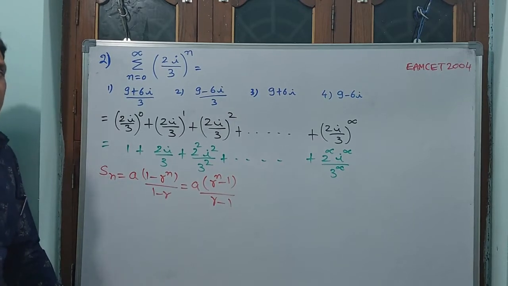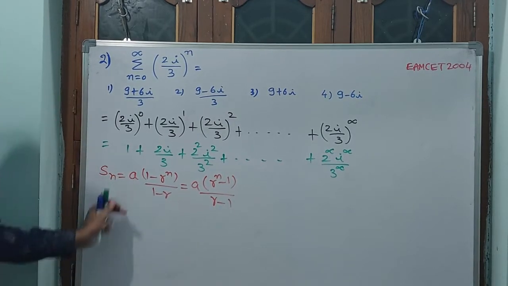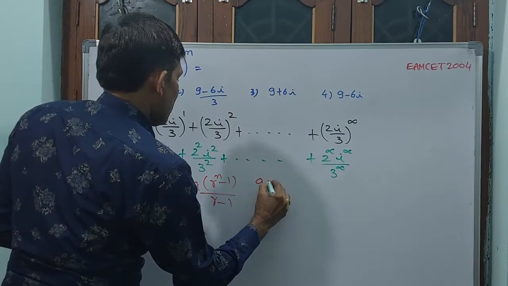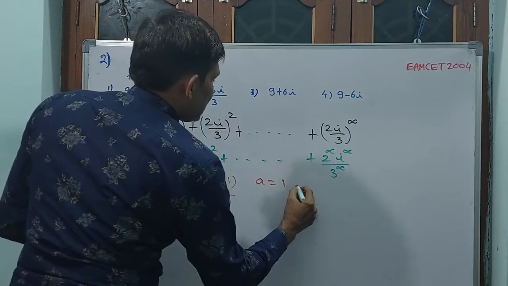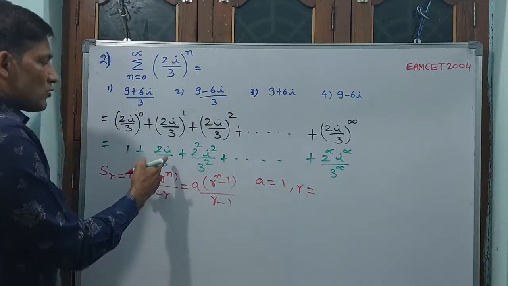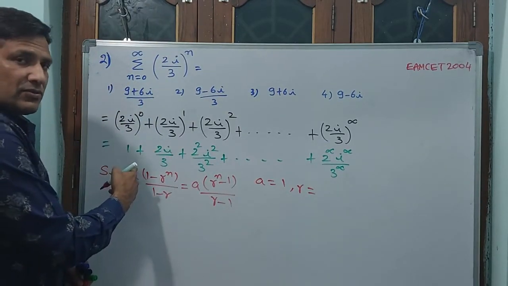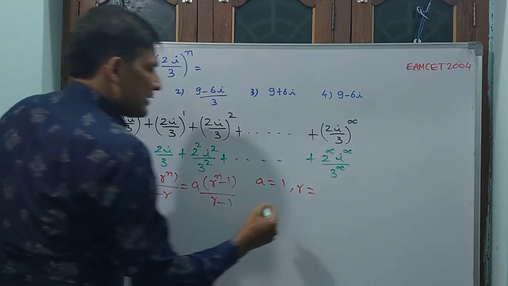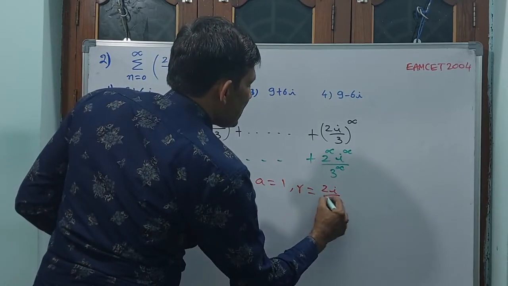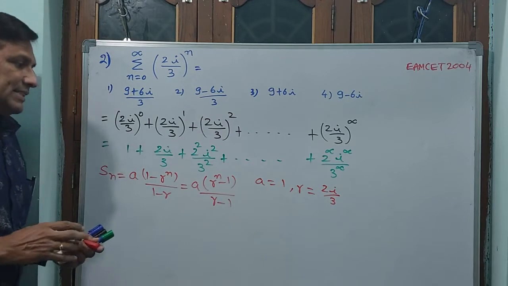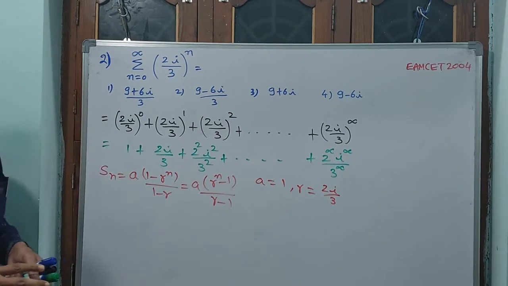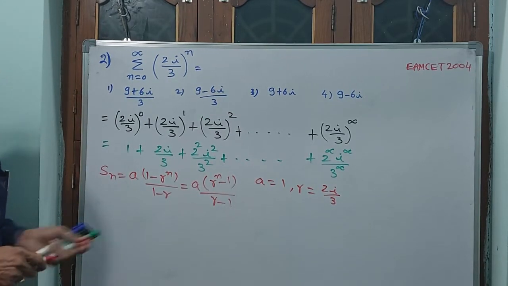Okay. Now wait. You write all the parameters. A is equal to 1, the first term. Then r. r is equal to 2I by 3, that is 2 into I by 3. Okay. And now, what about r power n?